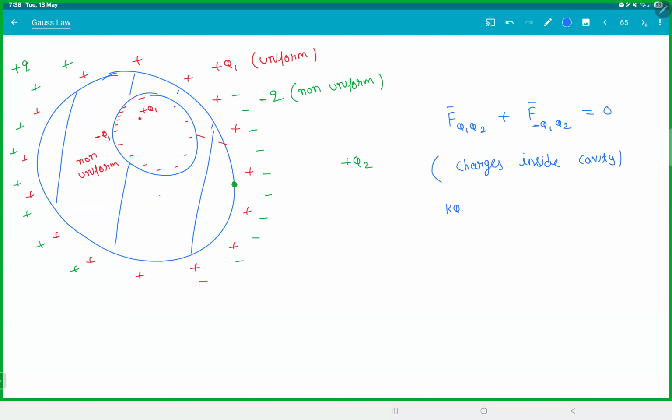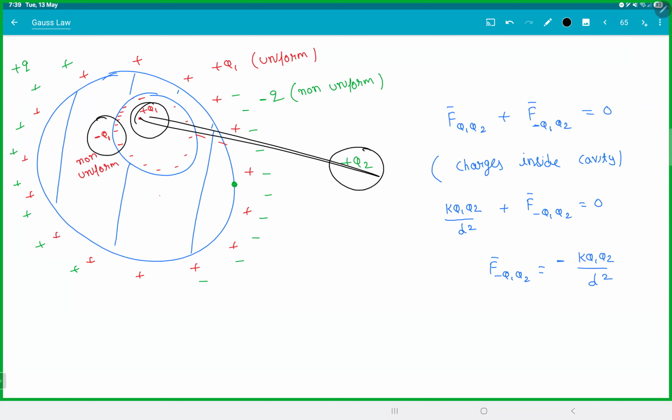So this is kQ1Q2 by d square, the force between Q1 and Q2. There. So this is the attractive force, kQ1Q2 by d square. Is this clear, everyone? So this is the force between this minus Q1 charge here and this charge Q2 here. Directly you can't find, you always have to do it indirectly. So this is how you argue. This Q1 and this minus Q1 will not interact with Q2. Therefore, force between Q1 and Q2 must be equal to force between minus Q1 and Q2. Is this clear?